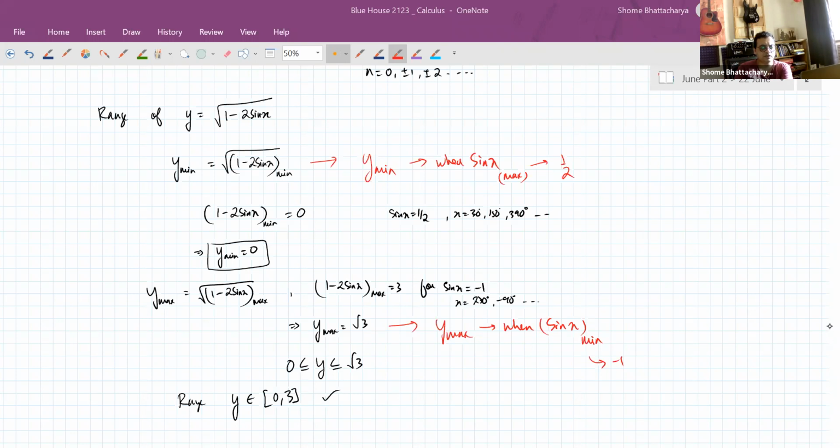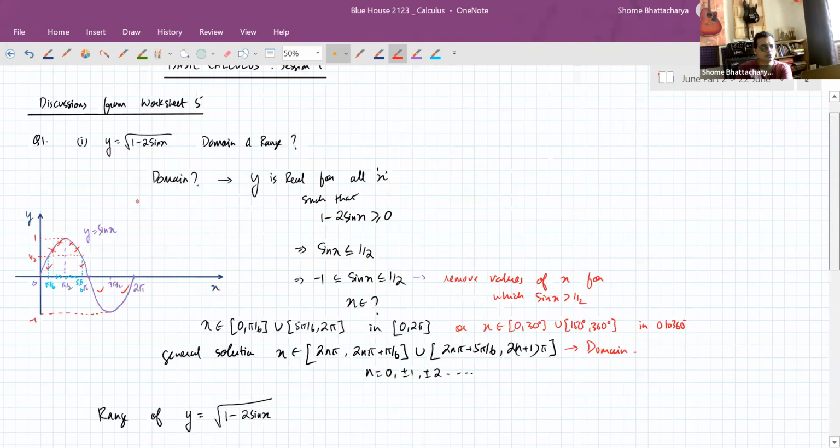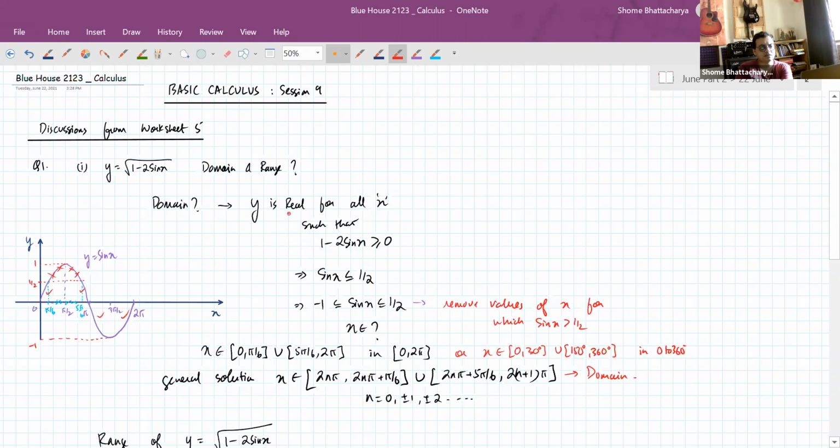Inside the square root, in this case 1 minus 2 sine x, the quantity should not be negative. It should be greater than or equal to 0. Such values of x are called the domain. So we can take values of x for this function only which lie in this set, because only for these values of x, y will be defined as a real number.